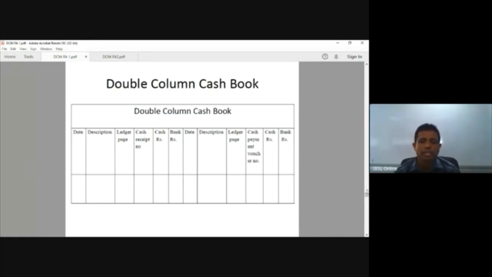Same format, only one column is added to the debit and credit sides. I repeat, these are very simple formats. Any format can be changed or amended according to the requirements of a particular entity, provided it supports the purpose for which this cash book is prepared.